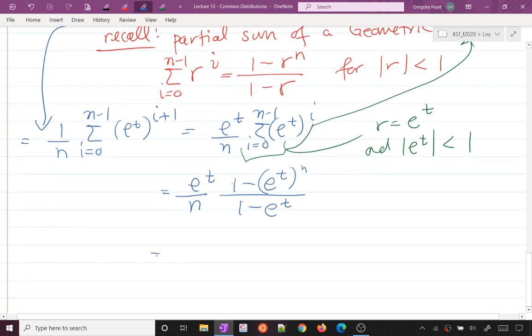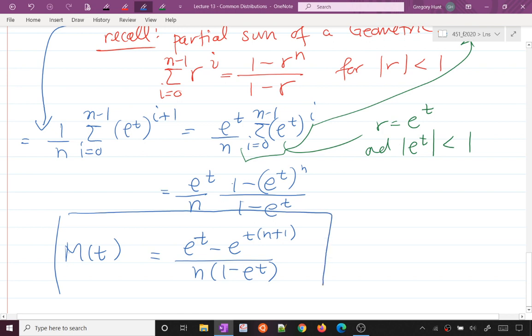And of course we could just simplify this a little bit more. This would be e to the t minus e to the t times n plus 1, over n times 1 minus e to the t. So that is my moment generating function.